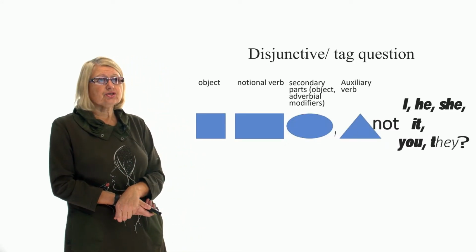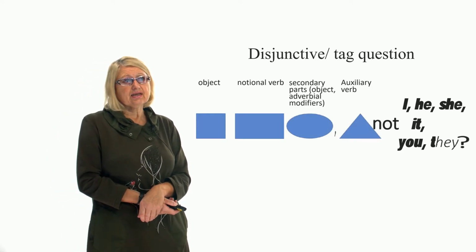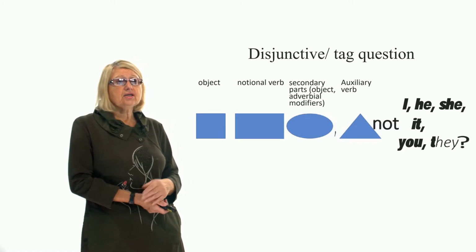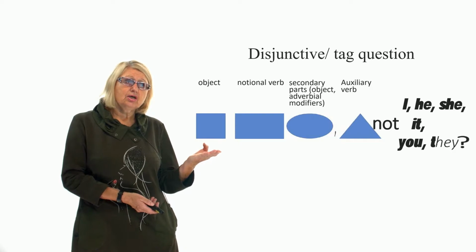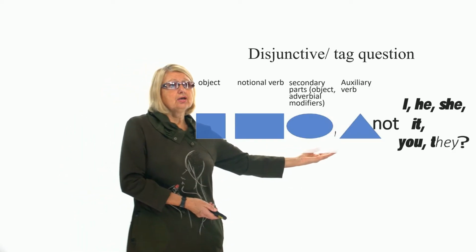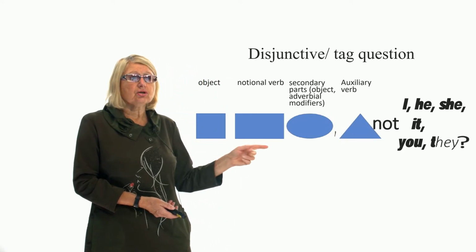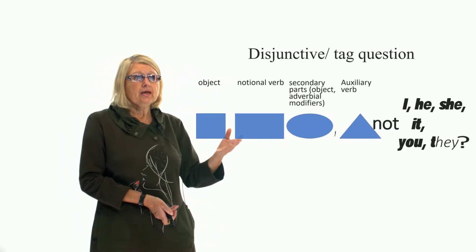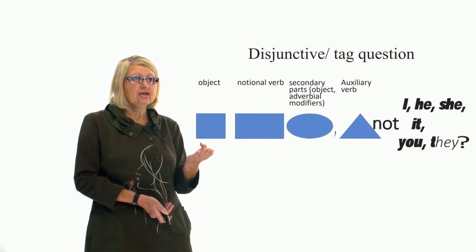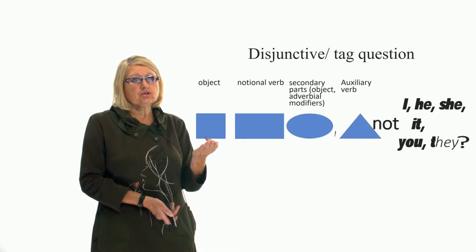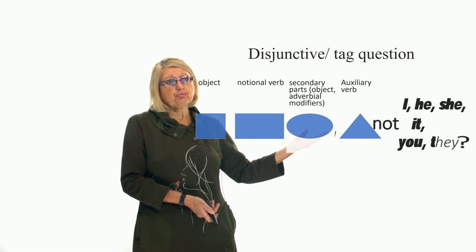The next question is disjunctive, or tag. It starts with a subject. We don't put an auxiliary verb in the first place. We put it only in the tail. So we write the affirmative sentence. It starts with a subject, then goes a notional verb, and then goes secondary parts.